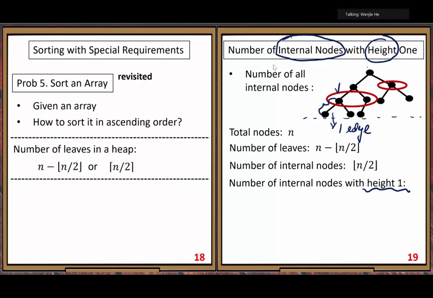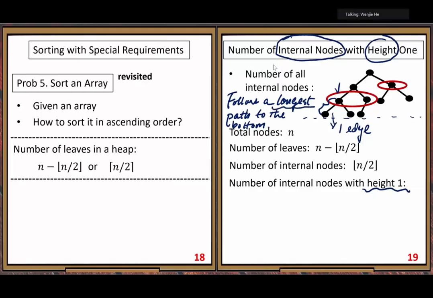So from the current node, we need to follow a longest path, because you may have more than one longest path, to the bottom. Then you count the number of edges of this longest path.